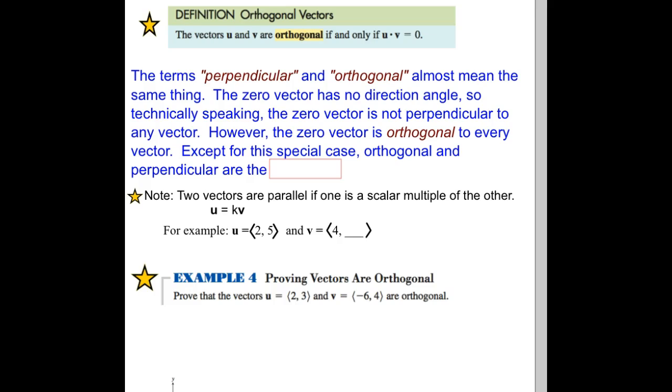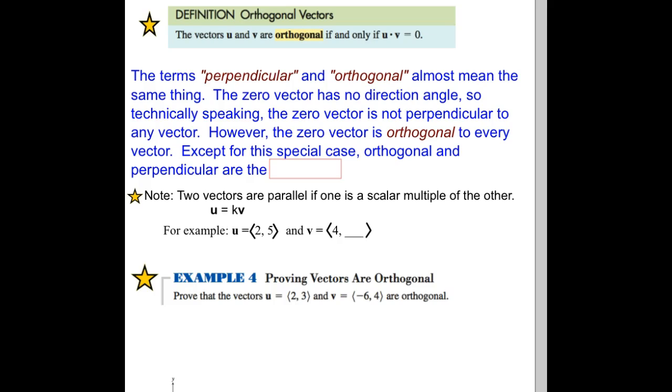That was actually the third property of vectors that we looked at at the beginning of class today. You take a 0 vector and do a dot product with any other vector, you're going to get 0. Because what are the components of a 0 vector? 0, 0. So when you do first component times first component, second component times second component, they're all zeros.